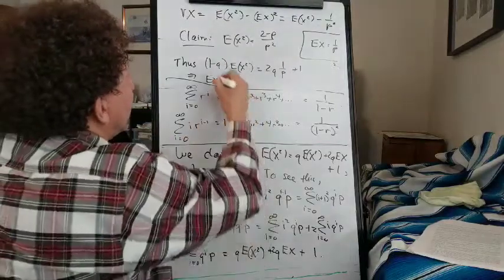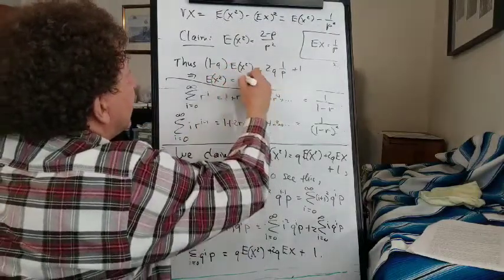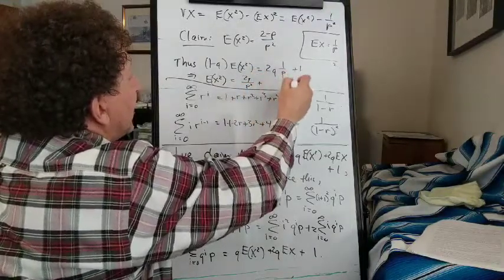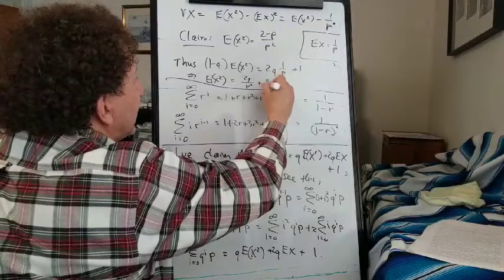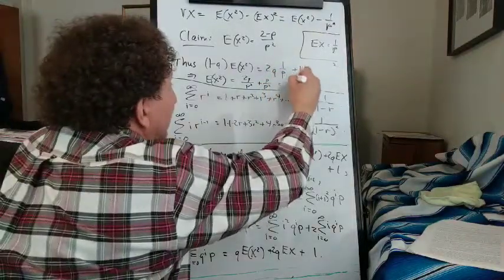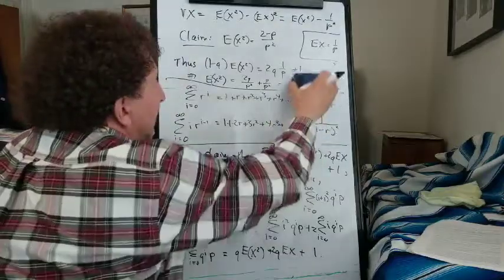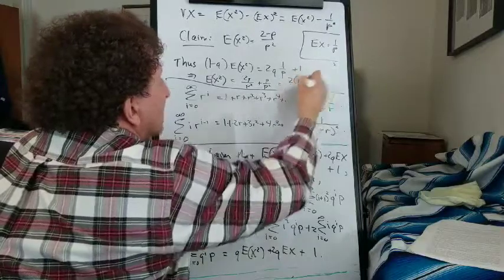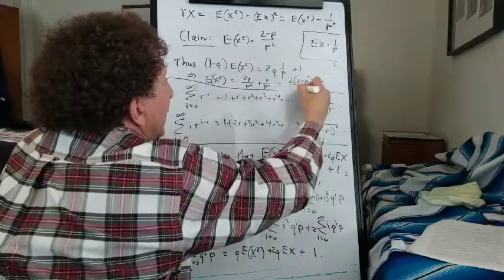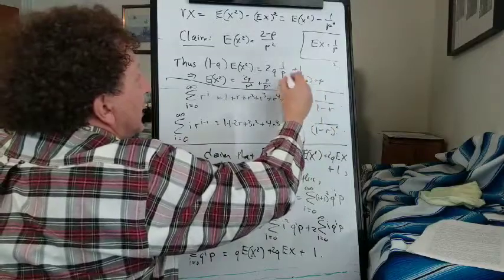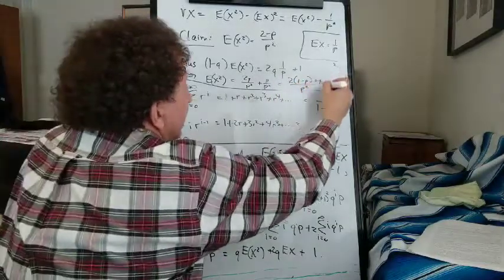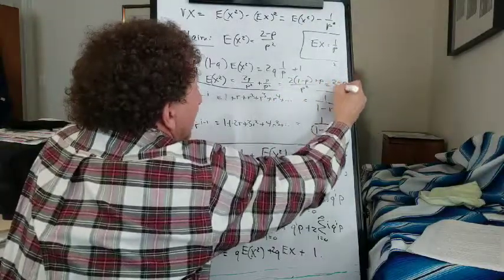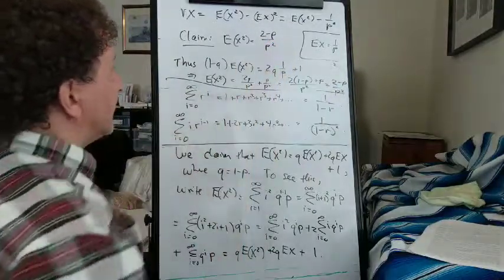So we divide both sides by p to get 2q over p squared plus 1 over p, which is the same as p over p squared. So that's 2 times 1 minus p plus p over p squared. 2 minus 2p plus p is 2 minus p, over p squared. So indeed we get exactly what we claimed.